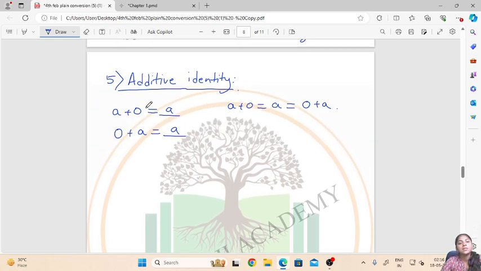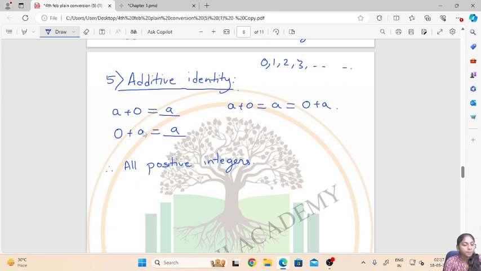Now since this is true for whole numbers, that is the numbers 0, 1, 2, 3 and so on, it is also true for all the positive integers, right? So we say that the whole number 0 is called the additive identity for the addition of whole numbers.